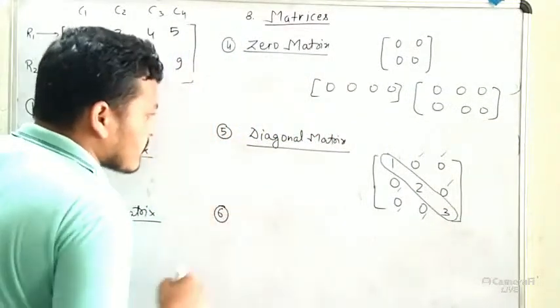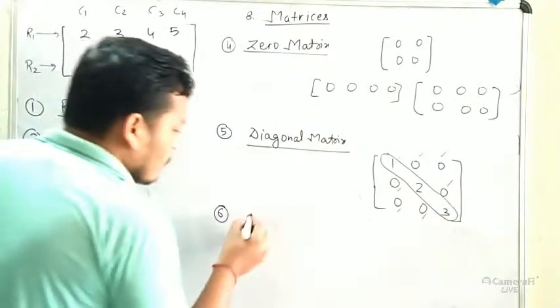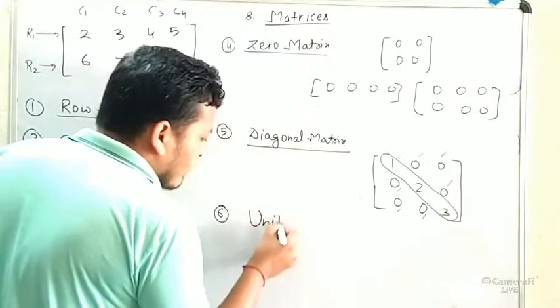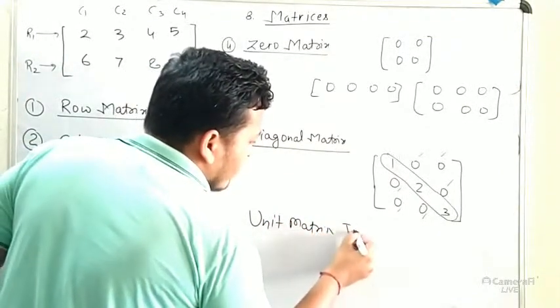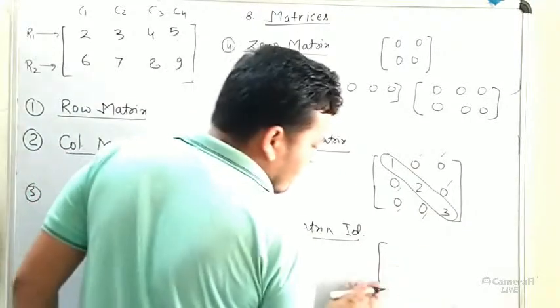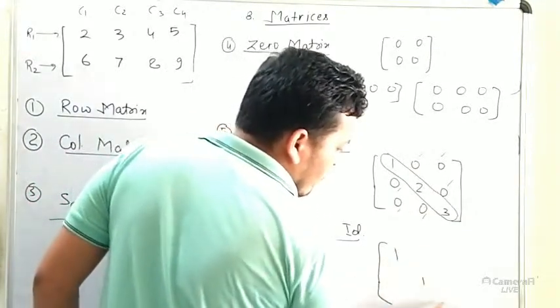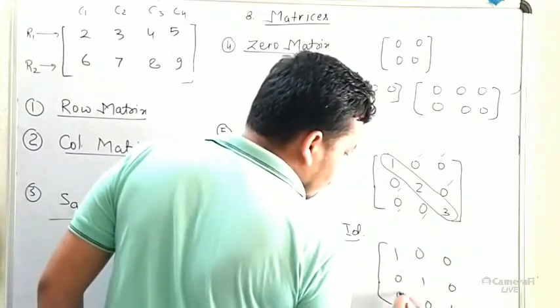Next one is the unit matrix, also known as the identity matrix. These two can create confusion, so I am taking them together. In the case of the identity matrix, the diagonal is 1 1 1 and the rest are 0.